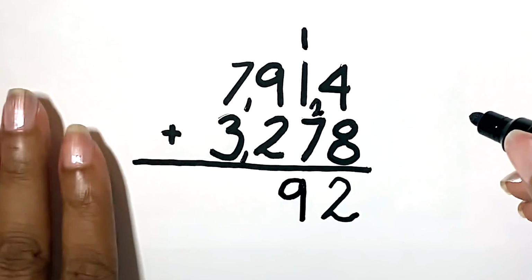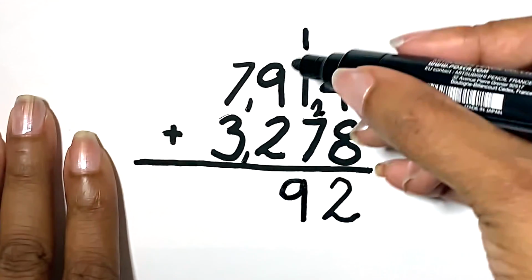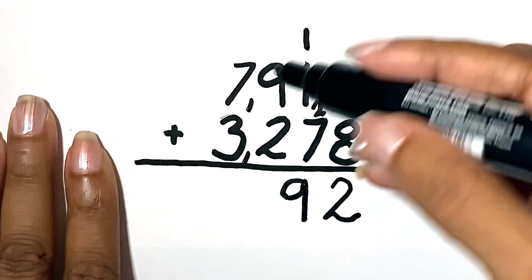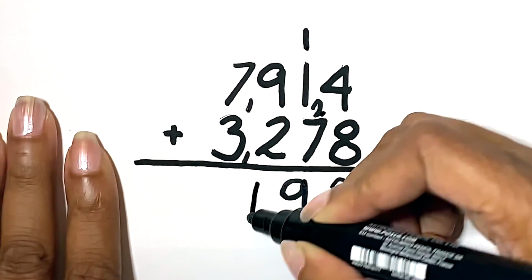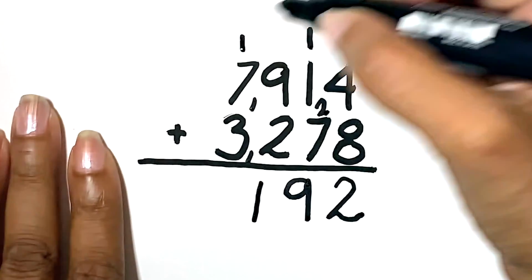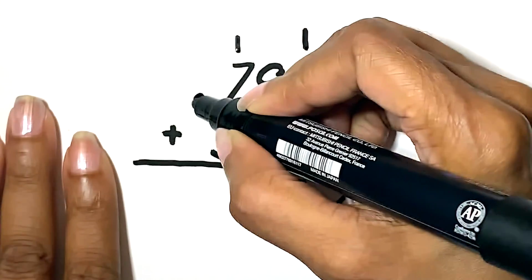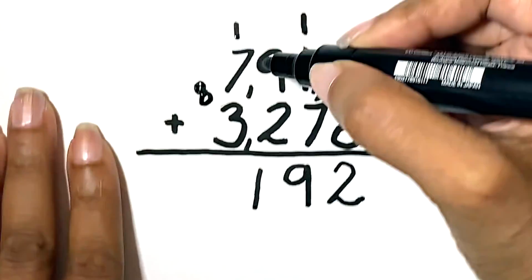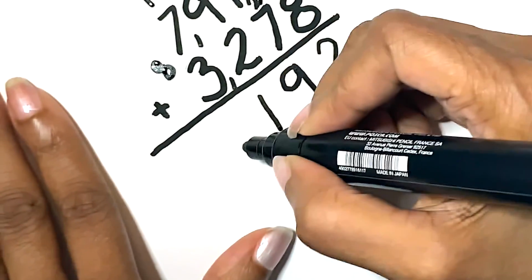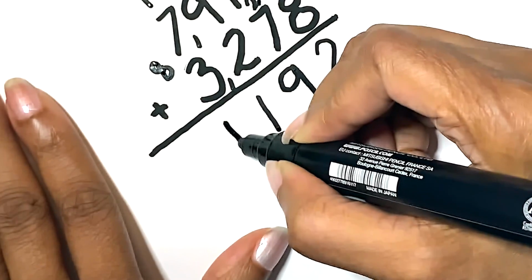All right. Now we add this side. 9 plus 2 gives us 11. And we're going to carry the 1 over the 7. 1 plus 7 is 8. 8 plus 3 is 11, and I'm going to put a comma here.